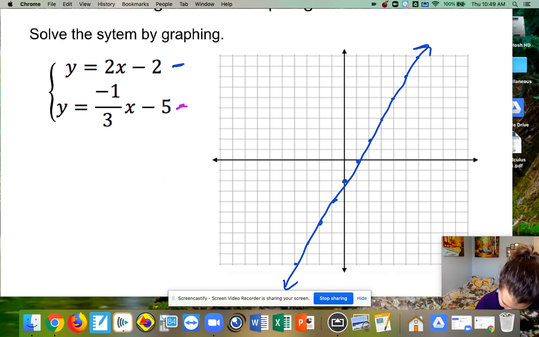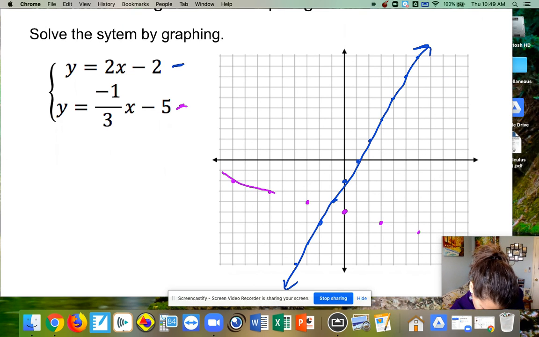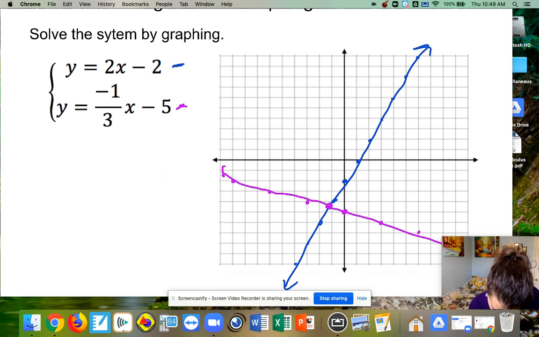We're going to start at -5, go down 1 and over 3, and up and over 3. And we can go like this. And right here is going to be our solution.